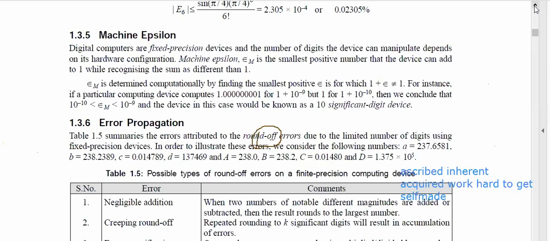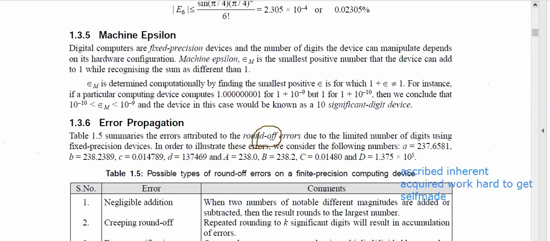So it is defined as the smallest positive number that the device can add to one while recognizing the sum as different from one. So one has to be a different quantity; a quantity different from one is recognized by the computer by adding the machine epsilon.